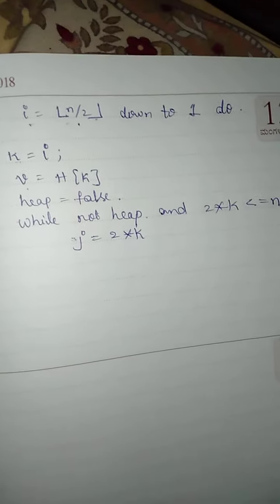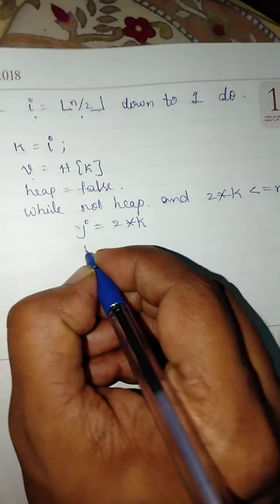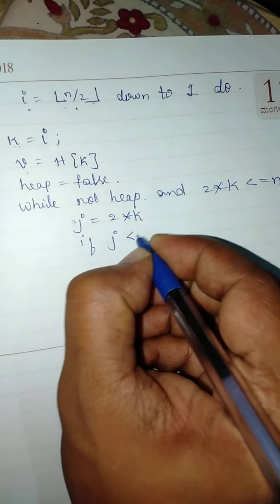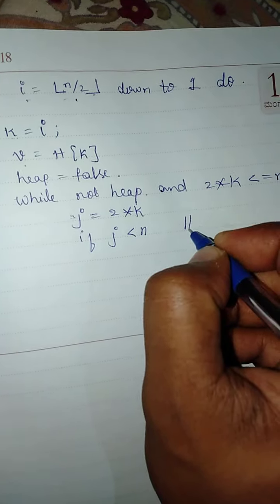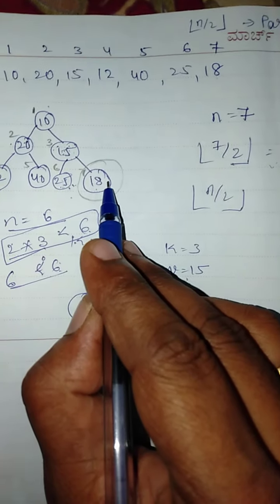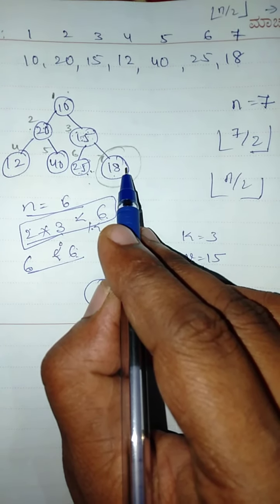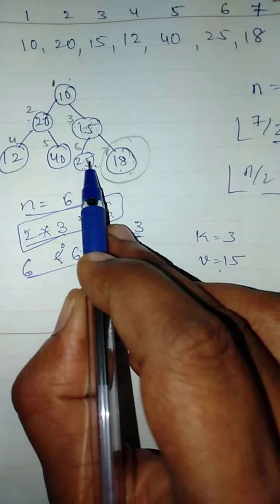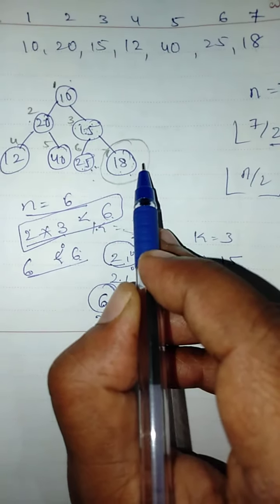Okay, therefore provided j is equal to 2 into k, if j is less than n, what is the meaning? If 6 is less than 7, that means 6 is there and 7 is also there, condition true, that means both the children are present.